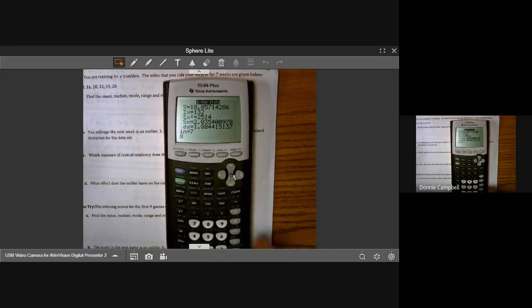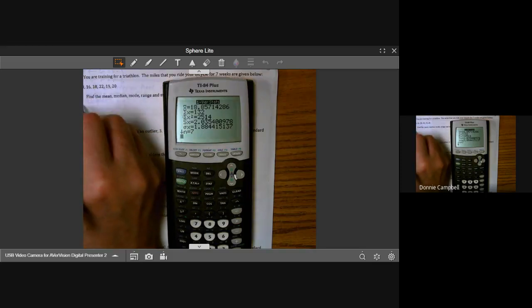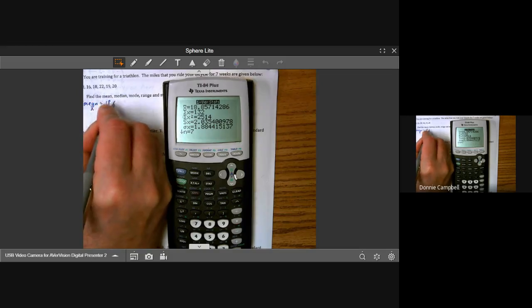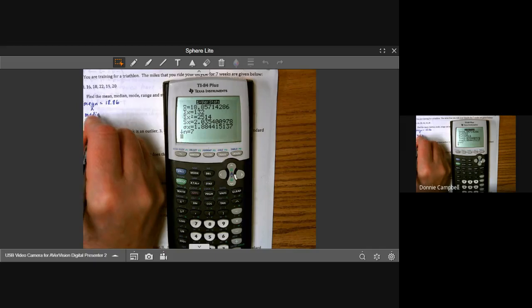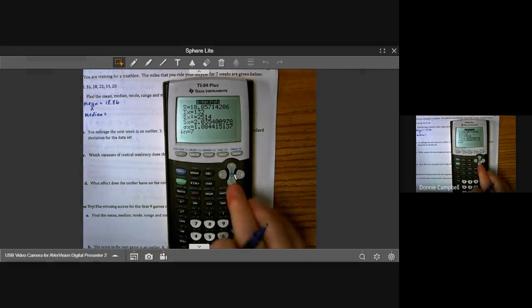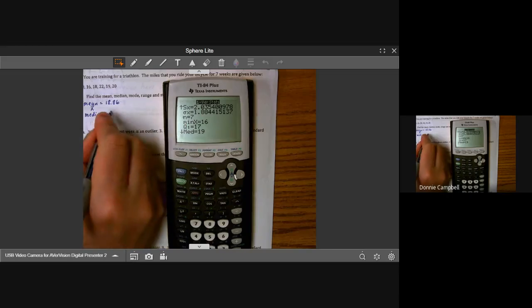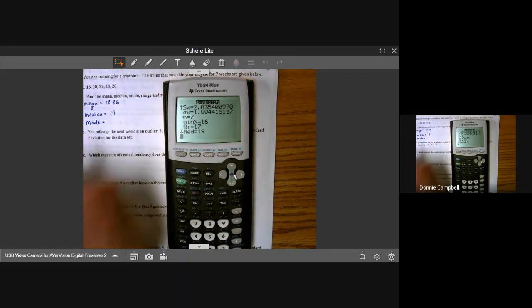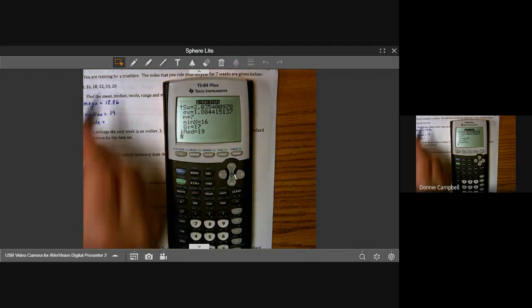So the mean is 18.86. Your mean, you can also abbreviate it if you wanted to, X bar is 18.86. Your median is equal to, arrow down, there's your median, which is 19. Your mode, which is the one that occurs the most this time, is 20. 20 occurs twice, doesn't it?